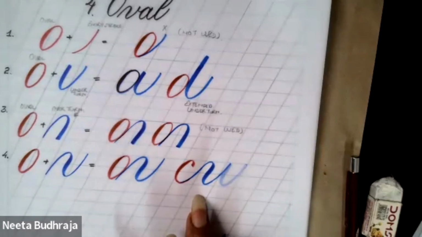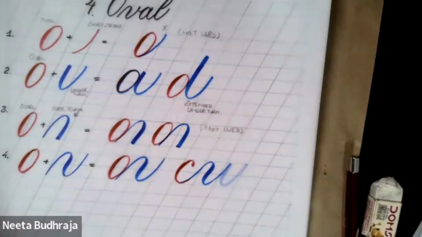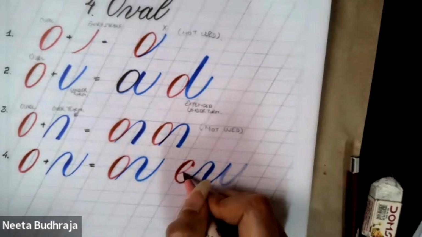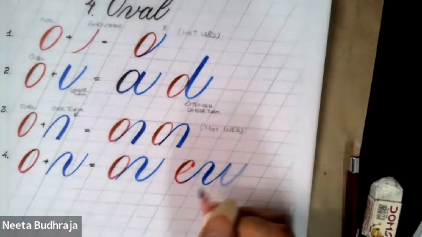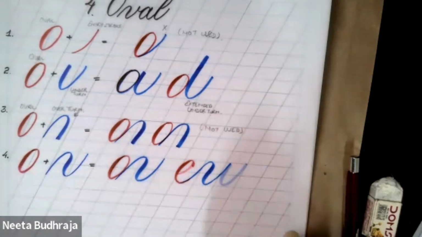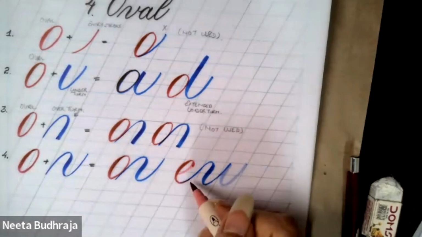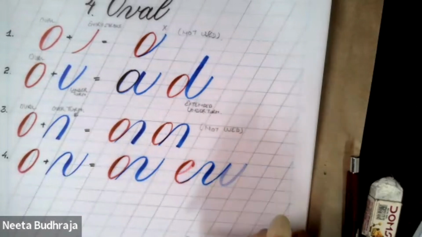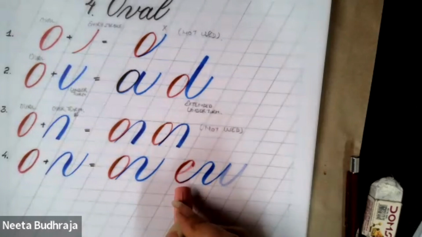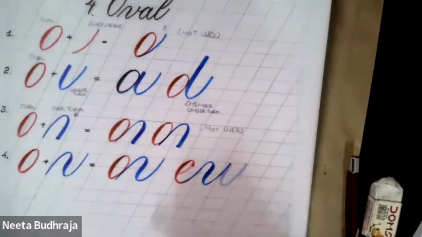And even in E, when we are combining it with our letter E. So if we are seeing here our letter E, this letter E can also be combined with our U like this. So there we can use this stroke combination like oval, half oval, and then compound curve.